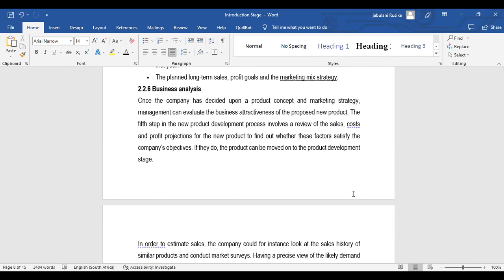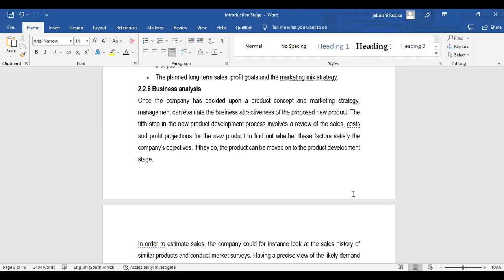And then there is what is known as the business analysis. It's not enough for a product just to be accepted in the market. There are certain factors that you have to consider. Remember, the whole purpose of an organization is to make profits.